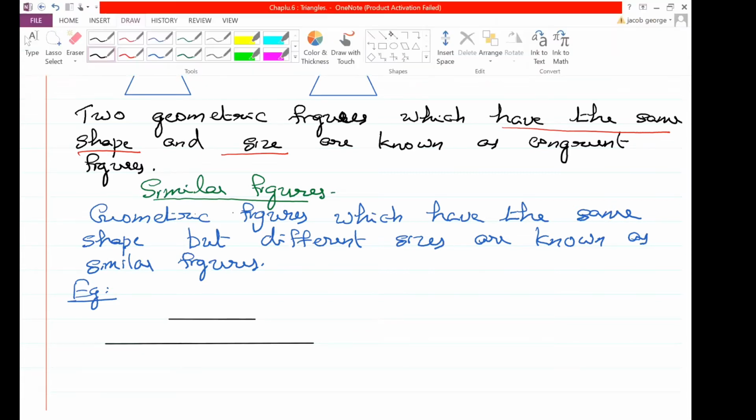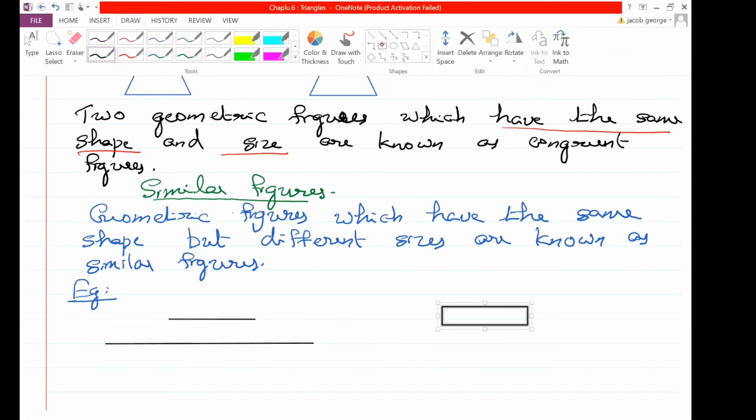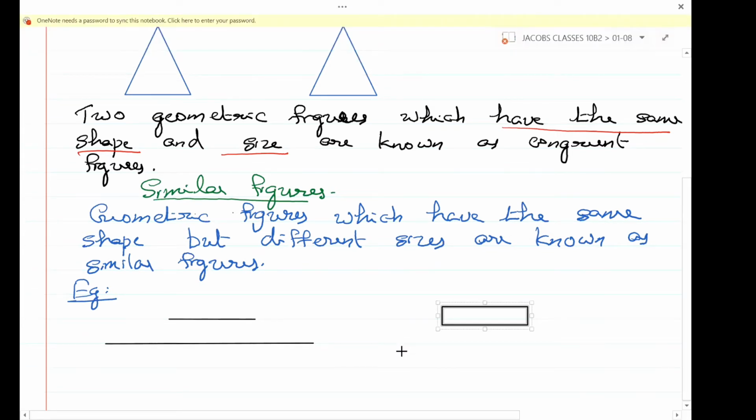Other two examples like rectangles. Okay, so look at two rectangles. This is a rectangle. And I'm going to draw one more rectangle with a different size.